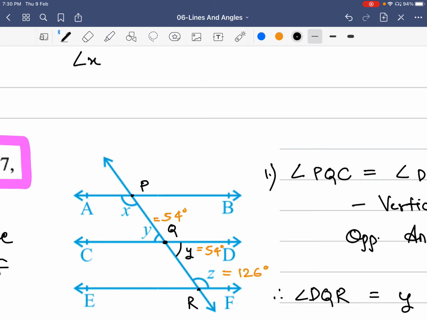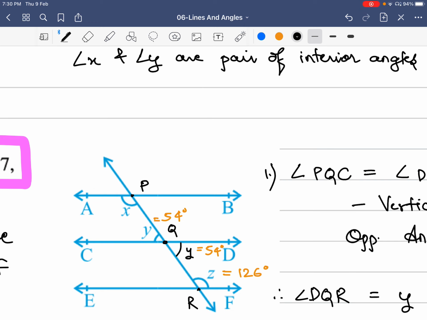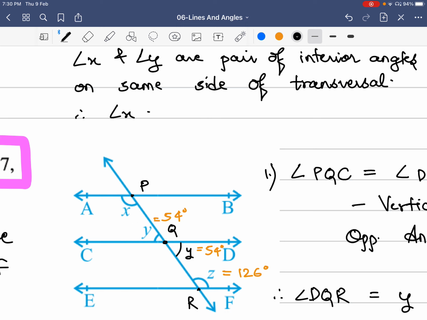Angle X and angle Y are a pair of interior angles on the same side of the transversal. Therefore angle X plus angle Y will be supplementary angles, so their summation will be equal to 180 degrees.